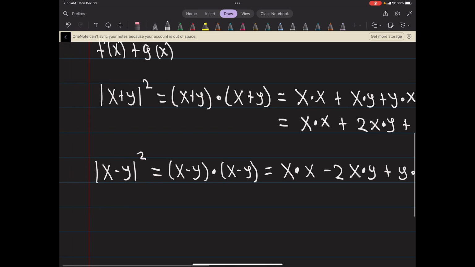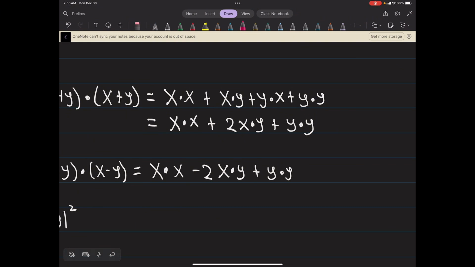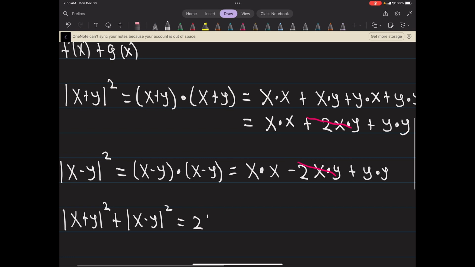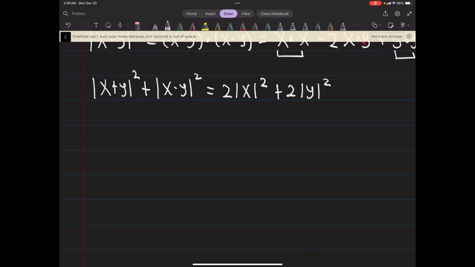So if you do this plus this, if we were to add the two, clearly these terms are 0. So we'll have 2 mod x squared because that's what that is, plus 2 mod y squared, because that's what the y dot y is, and of course we're going to add them. Okay? So this property is going to be useful here.